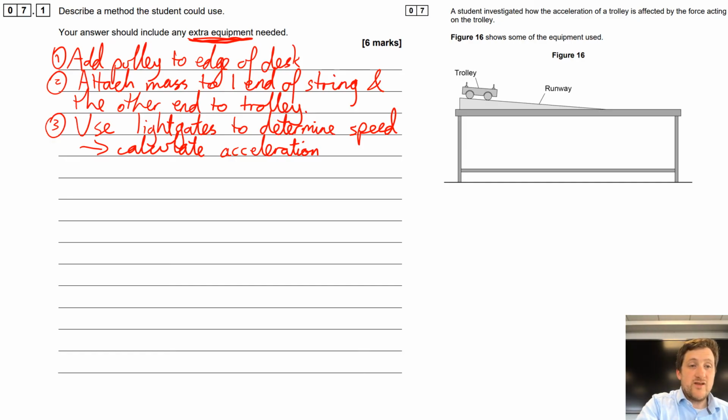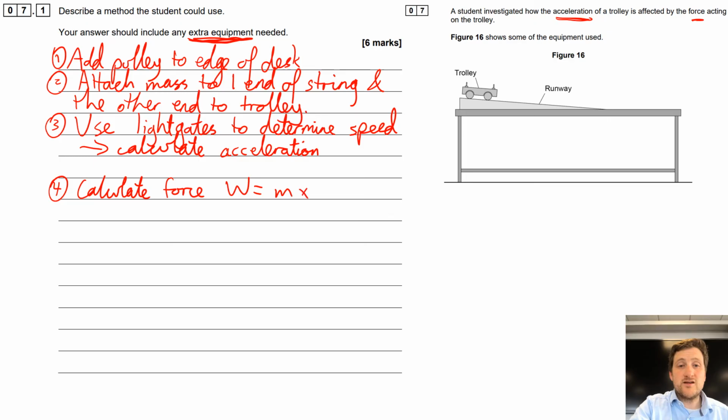Okay, now that is our first time of doing it. Well, almost. We're then going to calculate the force, because we haven't actually calculated the force, and the question is all about the acceleration and the force. We've talked about a mass. So calculate force, and we've got an equation sheet, so it would be weight equals mass times gravity, and that would be our force of weight.